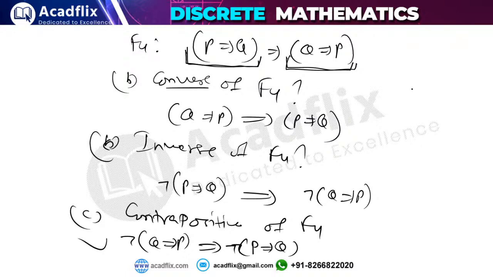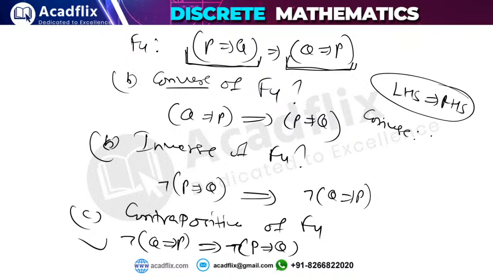So remember, whenever you have a formula like LHS implies RHS, the converse of this formula will be RHS implies LHS. The inverse will be negation of LHS implies negation of RHS.